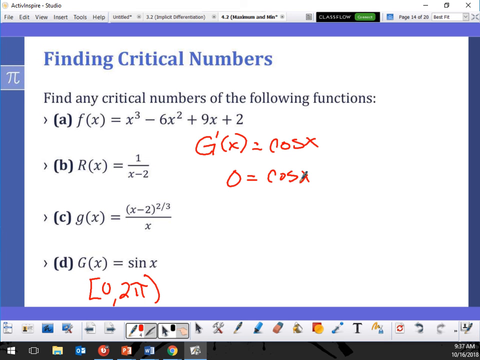You would say x equals inverse cosine of 0. So where is cosine going to be equal to 0? That's when x is pi over 2 and 3 pi over 2.